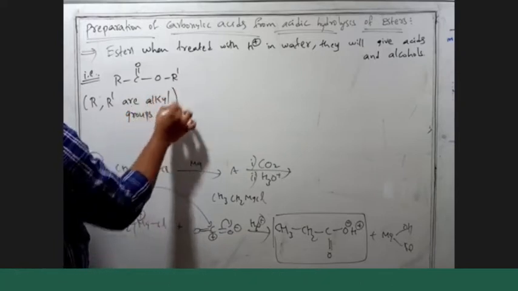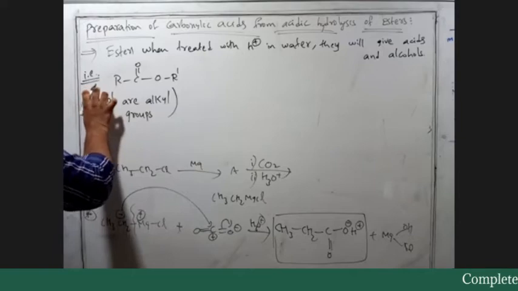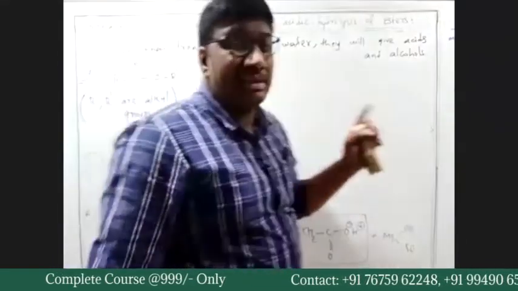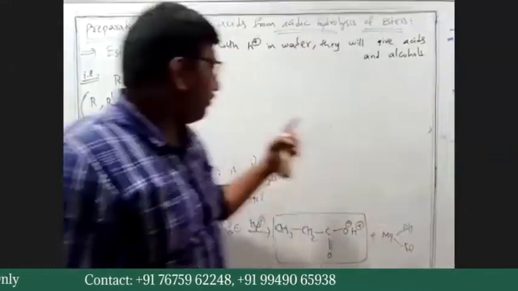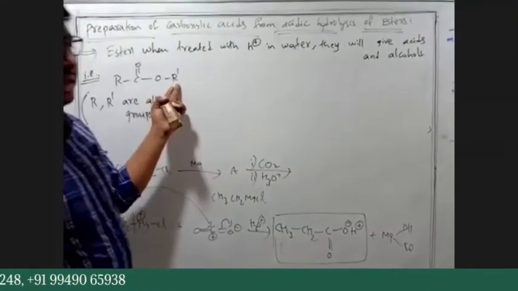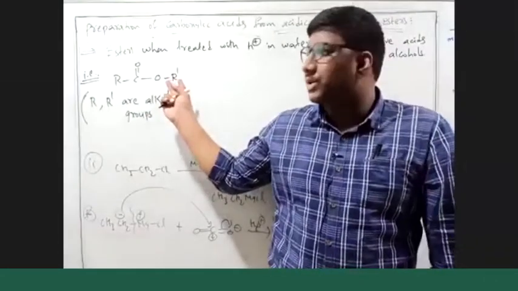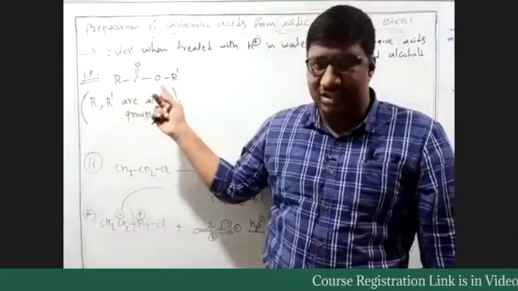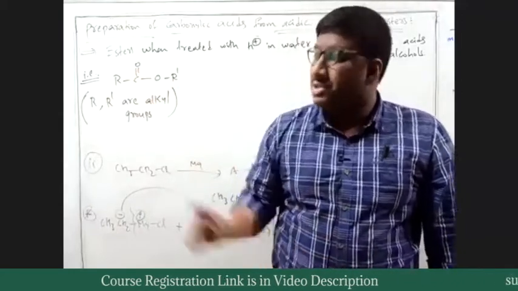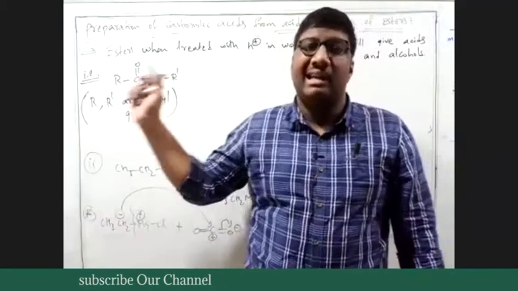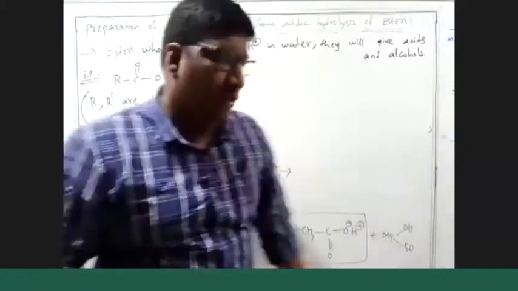We can have two different alkyls or two same alkyl groups, but they are alkyls. If R dash is equal to hydrogen, then R C double bond OH becomes an acid. So R dash should not be hydrogen. It should be any alkyl group.